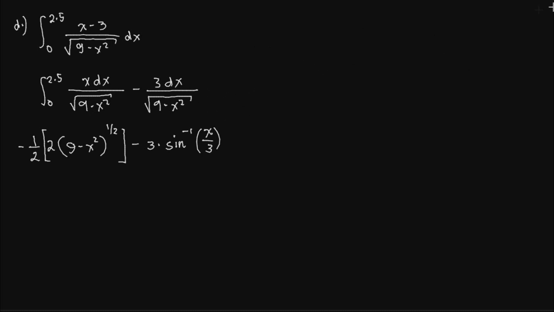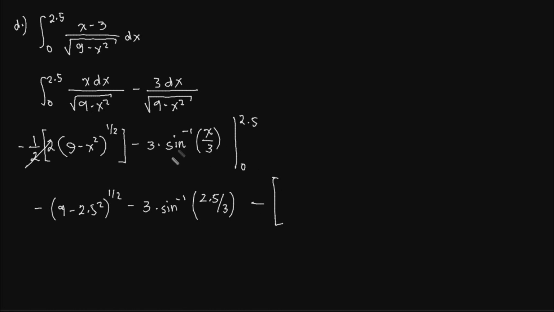Okay, so again, wala tayong plus C kasi we have to integrate this from the limits 0 to 2.5. Okay, and now upon substitution, so we can now cancel this one, minus 9, and then minus 2.5 squared raised to 1/2 minus 3 inverse sine of 2.5 over 3, and then subtracting the whole term for this expression.